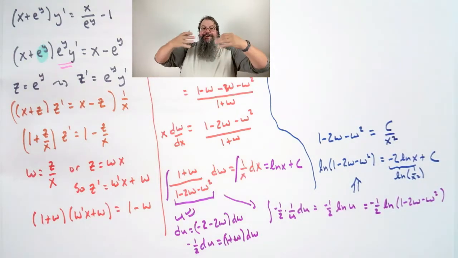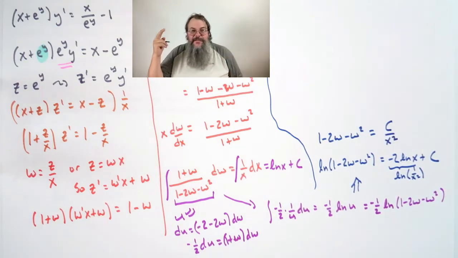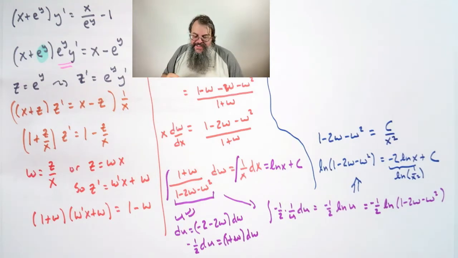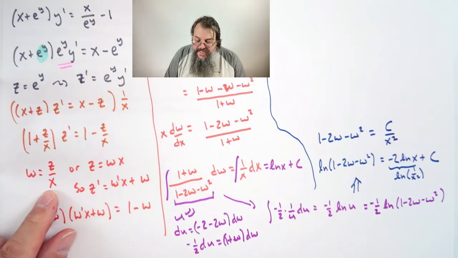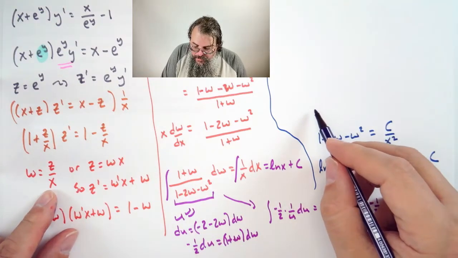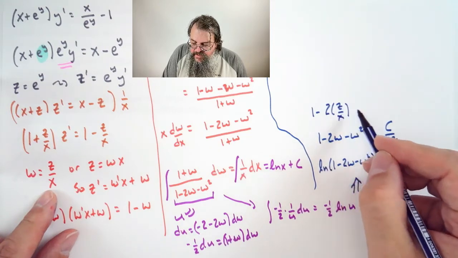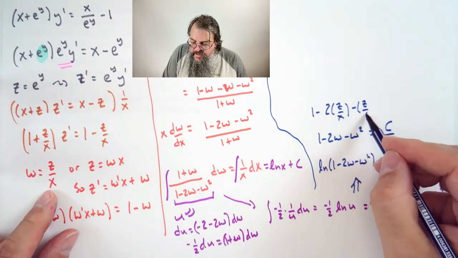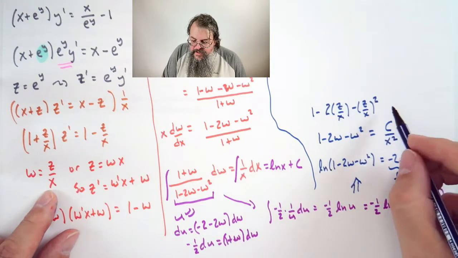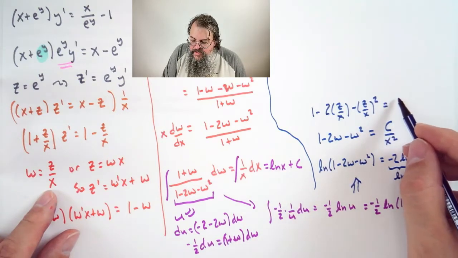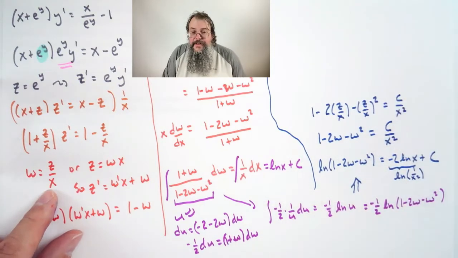Now we work our way back through two substitutions. So remember, w is z over x. So 1 minus 2 z over x minus z over x squared is equal to constant over x squared.